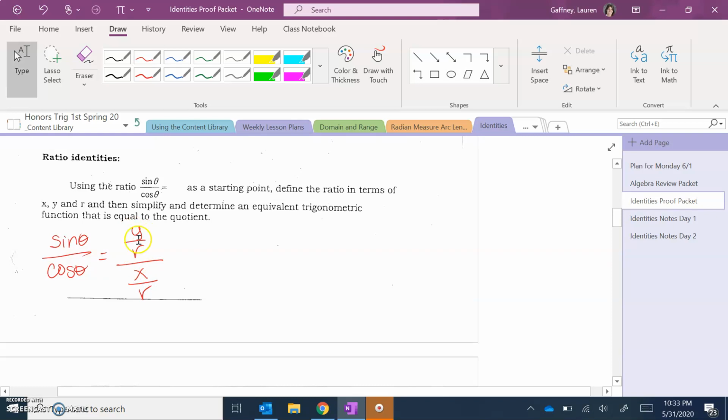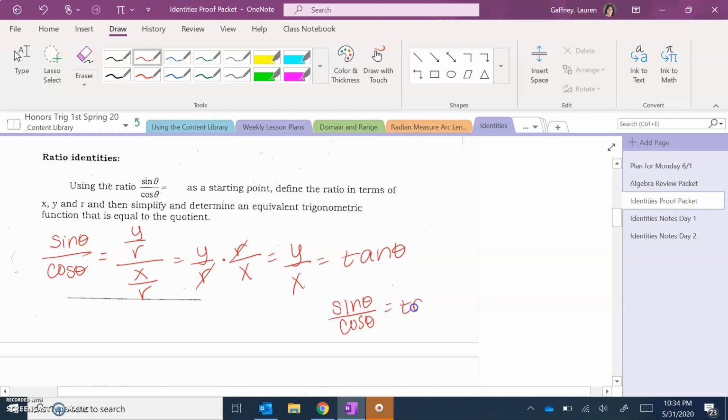So in terms of algebra, we know that when we divide by fractions, we can instead multiply by the reciprocal. Notice those r's cancel, and we're left with y over x. At the end of the day, we know that y over x is tan theta. So sine theta divided by cosine theta is equal to tan theta.